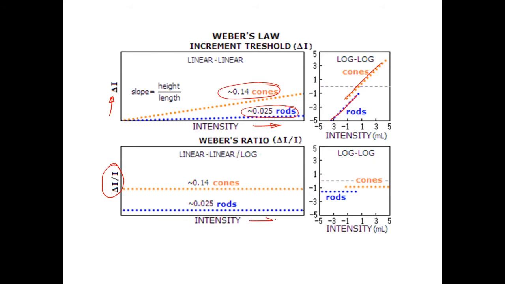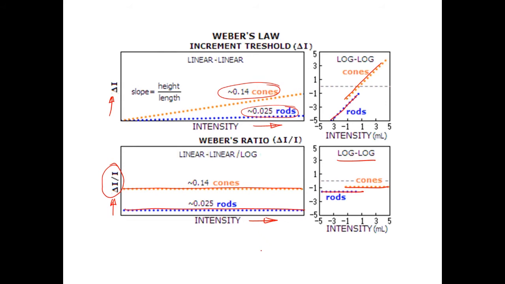So when you plot intensity in the x-axis and the fraction del I by I in the y-axis, you can see a straight constant Weber fraction for both cones and rods. Either linear graph or log, this is satisfied. In the log graph, again it is a constant line.